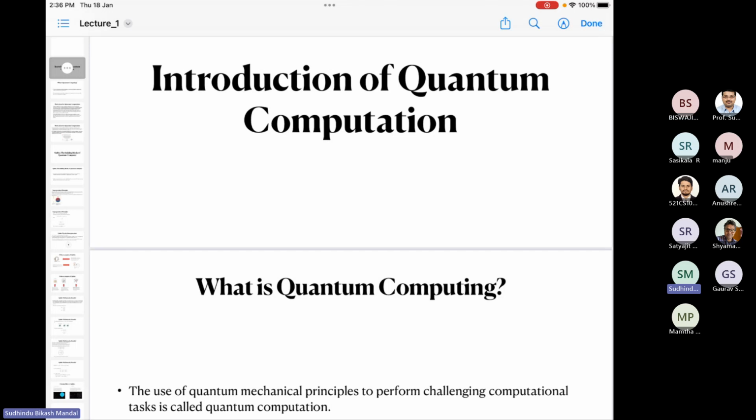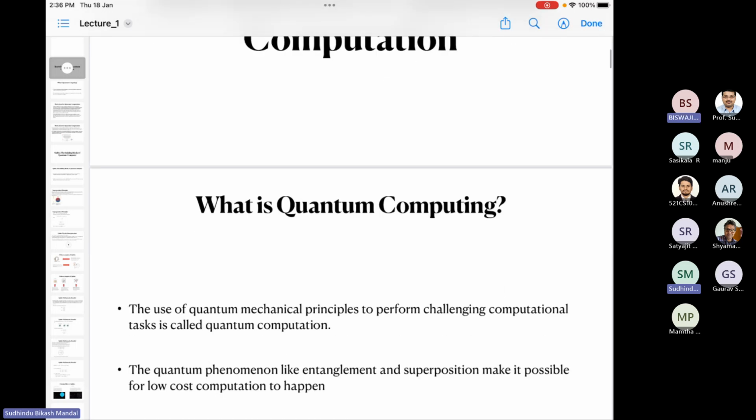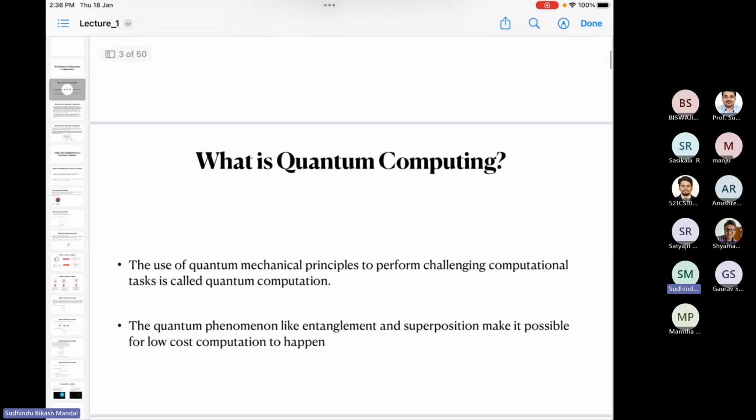Before going to the preliminaries, I am saying what quantum computing is. You have already learned that quantum computing obeys quantum mechanics. I think you have already gone through some lecture sessions on quantum mechanics, so you have enough idea of the laws and different principles of quantum mechanics.